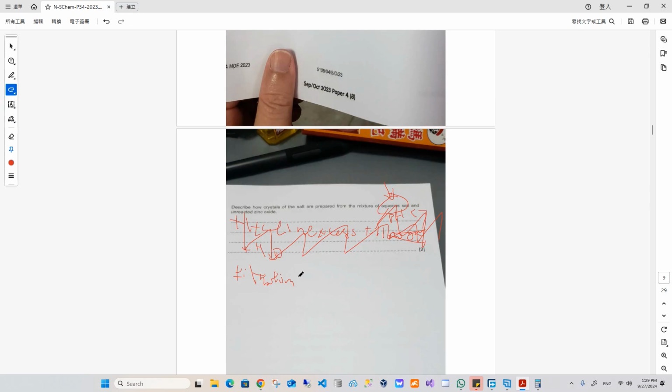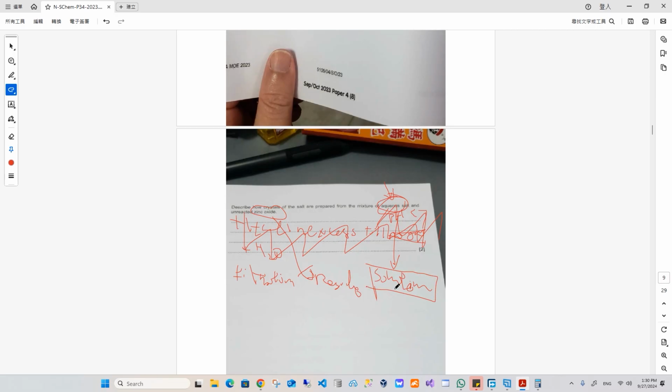Filtration will make the salt be in the solution, and this zinc oxide will be in the residue. So get the solution. I want to extract this salt, right?